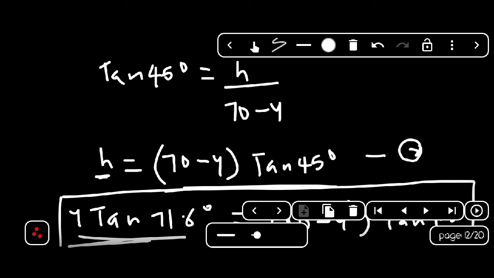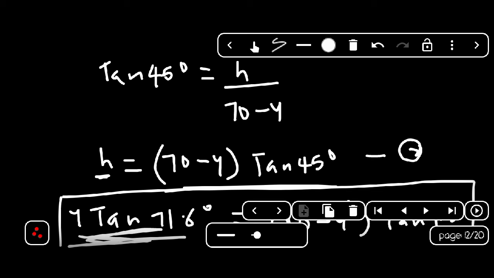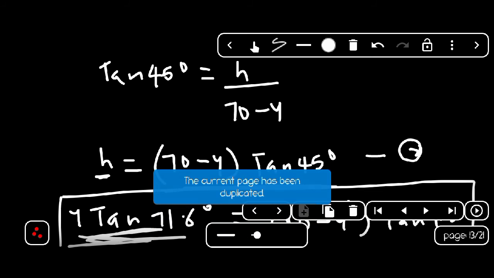Well, so now that we've gotten to this point, let's see, we'll just replace tan 71.6 with 3 so that this side of the equation becomes 3y because we multiply it with y. So let's have another page here, and we'll have 3y. You understand that? Because tan 71.6 is 3, so it's 3y.